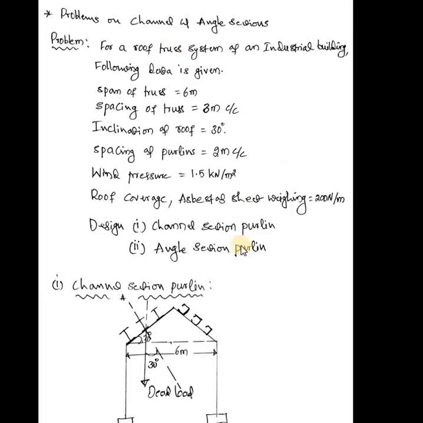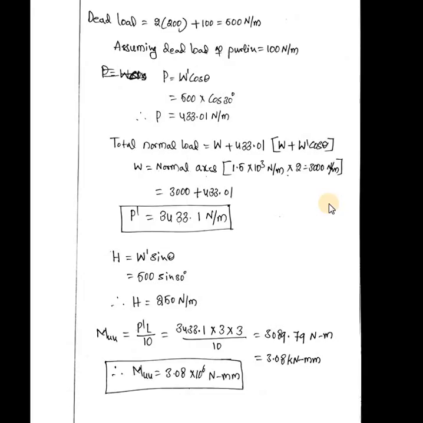Dead load is nothing but both: self weight of the purlin as well as sheeting. Sheet load 200, 2 times consideration, because on the purlin we already discussed pitch distances. So 2 times 200 plus 100, that is 500 Newton per meter.